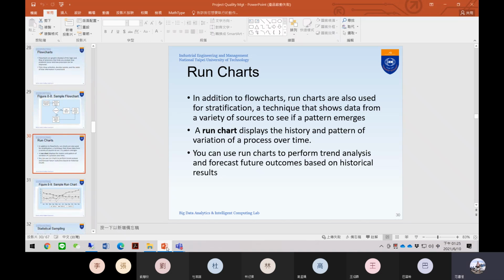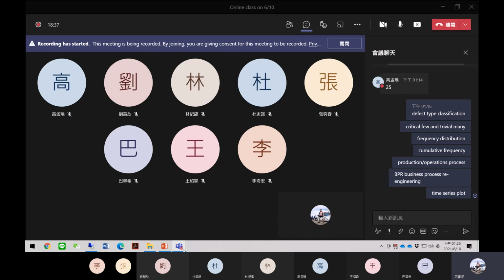So, the time series. Did I mention the time series chart already? Yes, the time series plot.